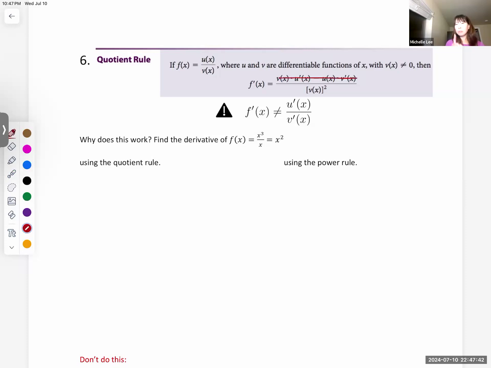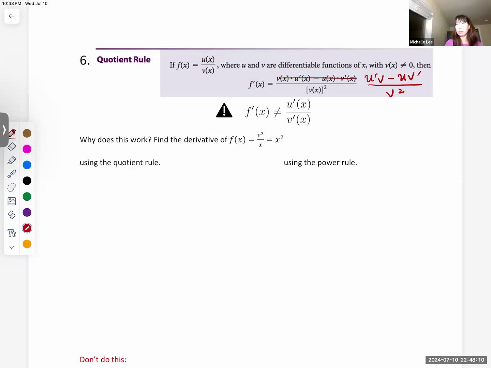First prime times second minus first times second prime. So let me use that order like a product, right? So u prime v minus u v prime over v squared. Okay, let's use this order so that we can apply it easily.